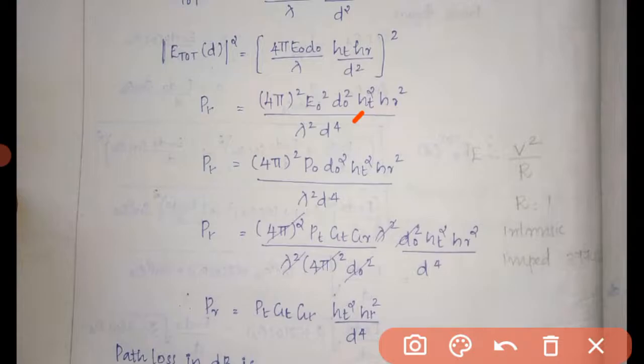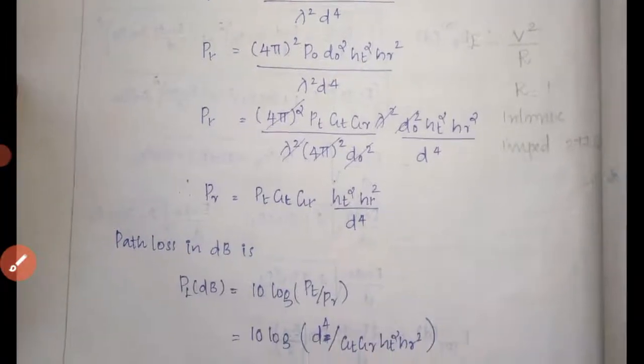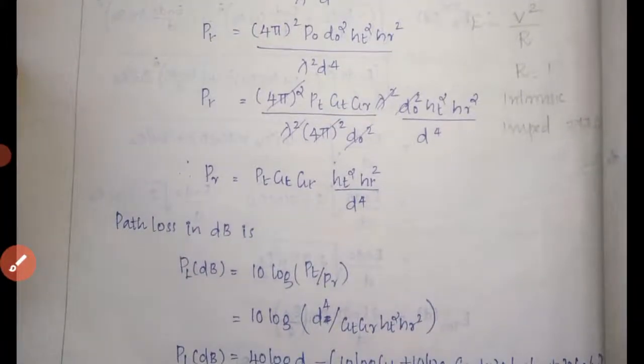So we have to take d naught the whole square, into d naught square ht square hr square by d power 4. Then simplifying that, we get the expression for the received power: PR is equal to pt gt gr ht square hr square by d power 4.